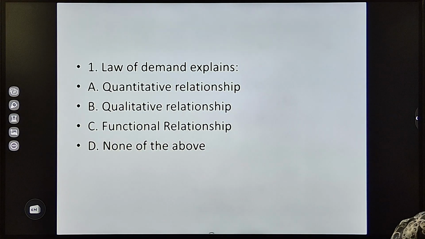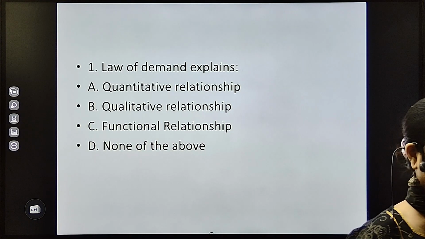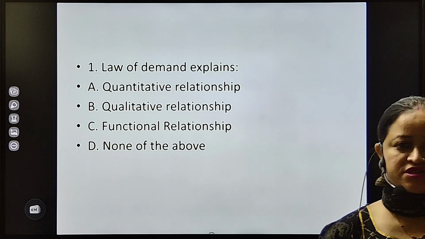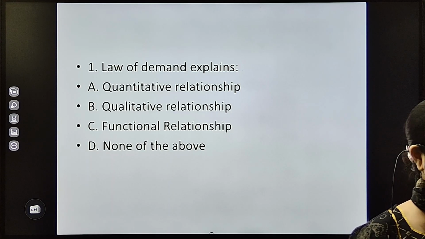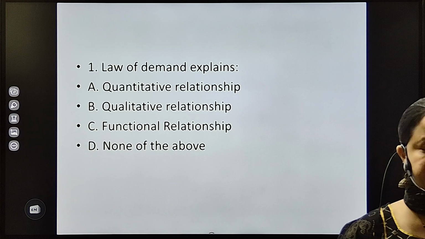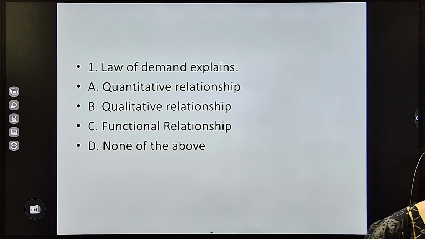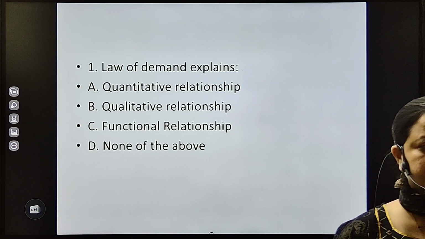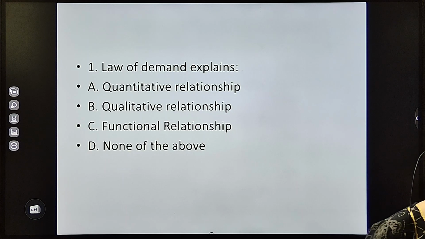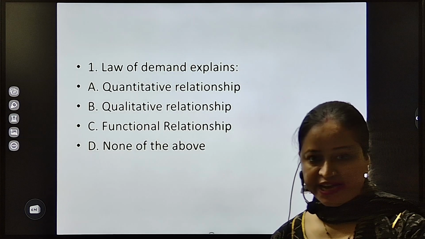What are the types of related goods? We have just discussed: substitute goods and complementary goods. Substitute goods, tea and coffee, and complementary goods, car and petrol. So that is also one of the factors.